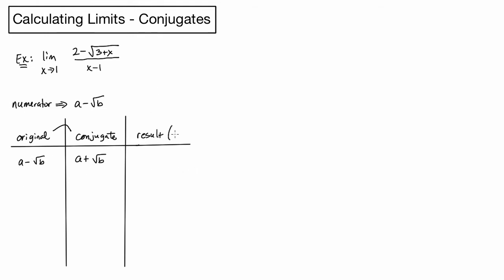Well, a minus square root of b times a plus square root of b, if you do the FOIL operation, is a difference of squares. In a difference of squares, you always square the first term and square the last term. So it's a squared minus the square root of b squared, and the result of that is a squared minus b.